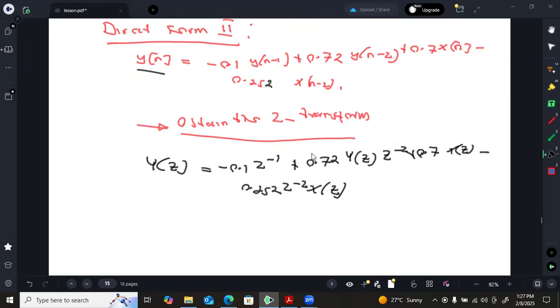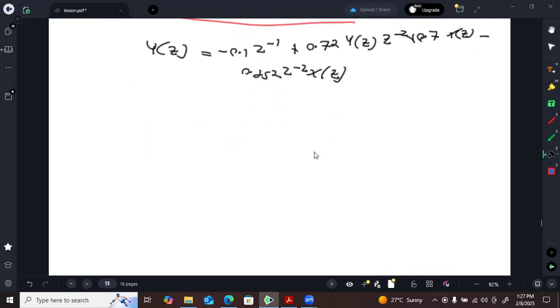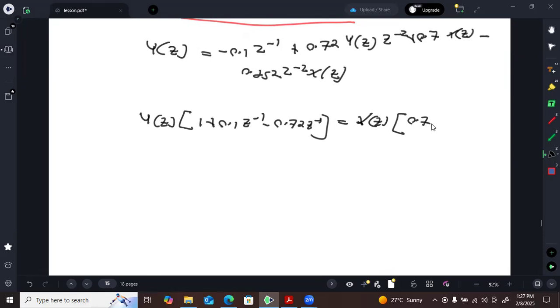Then collect the like terms together. And if you do that, we'll have Y of z into 1 plus 0.1 z minus 1 minus 0.72 z minus 2 is equal to X of z into 0.7 minus 0.252 z minus 2.